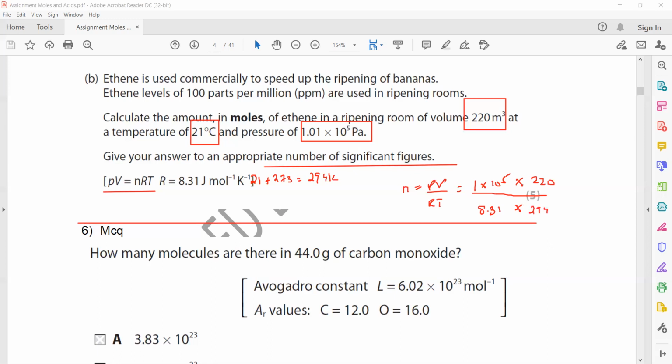So when we solve this, we'll get the number of moles. That will come out as 0.91 moles. The value of n represents the number of moles.